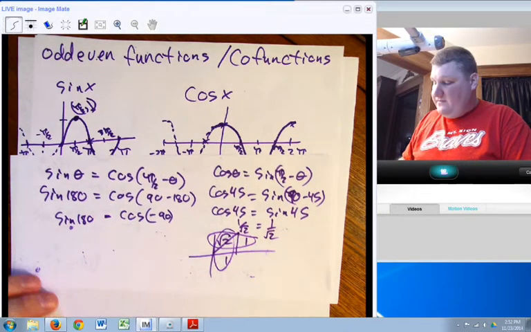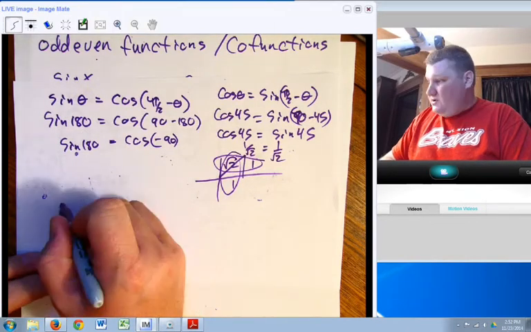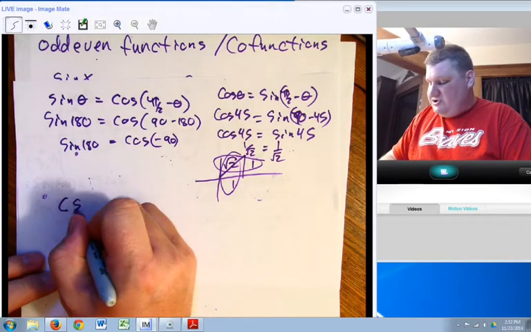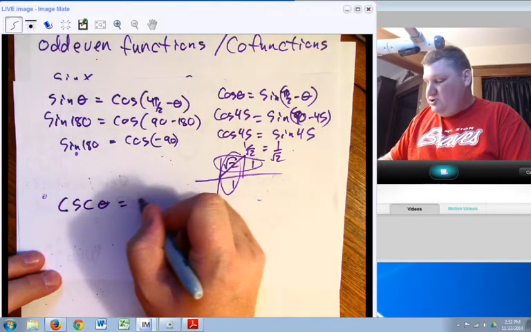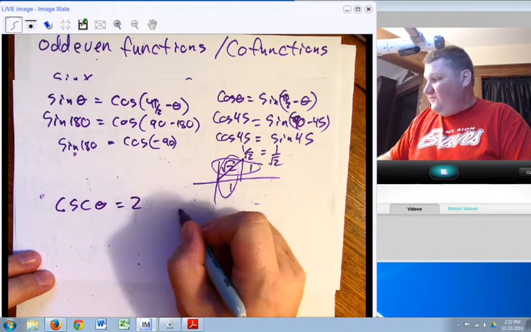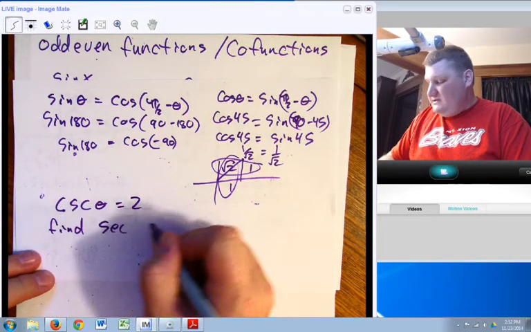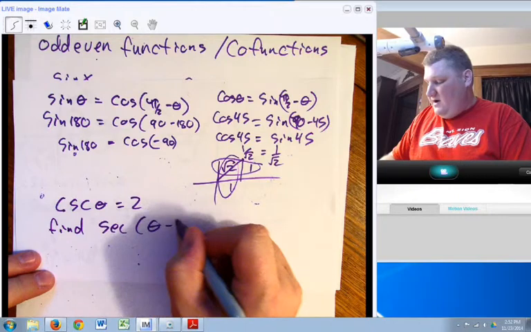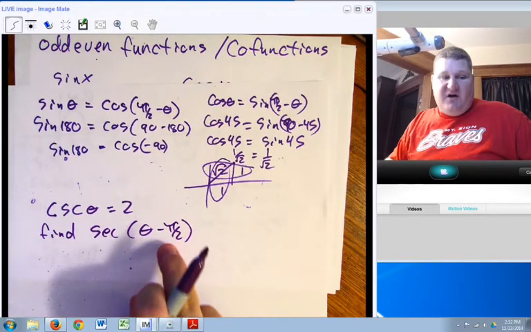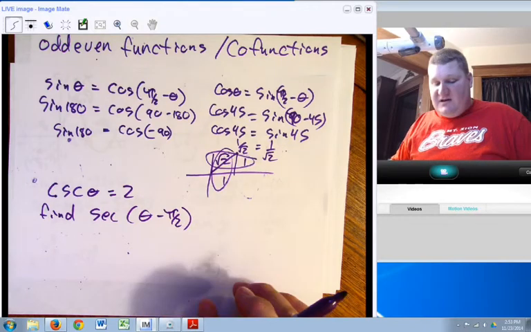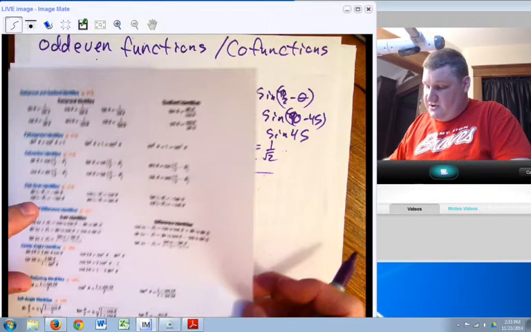Now, what really blows the mind is if you have something in the ballpark as follows. Okay? Let's go with cosecant of theta equals 2. Let's find secant of theta minus pi over 2. Now, you say, ooh, I see pi over 2s, and anytime I see pi over 2s, I ought to be thinking cofunction. So let's go to cofunction. We want to find something with a cosecant in it.